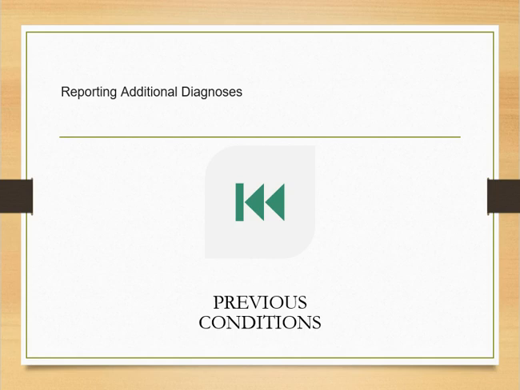So a couple of guidelines to take note of, and the first is related to previous conditions. Sometimes our providers are going to include in the diagnostic statement historical diagnosis information or status post procedures that were actually performed on a previous admission.